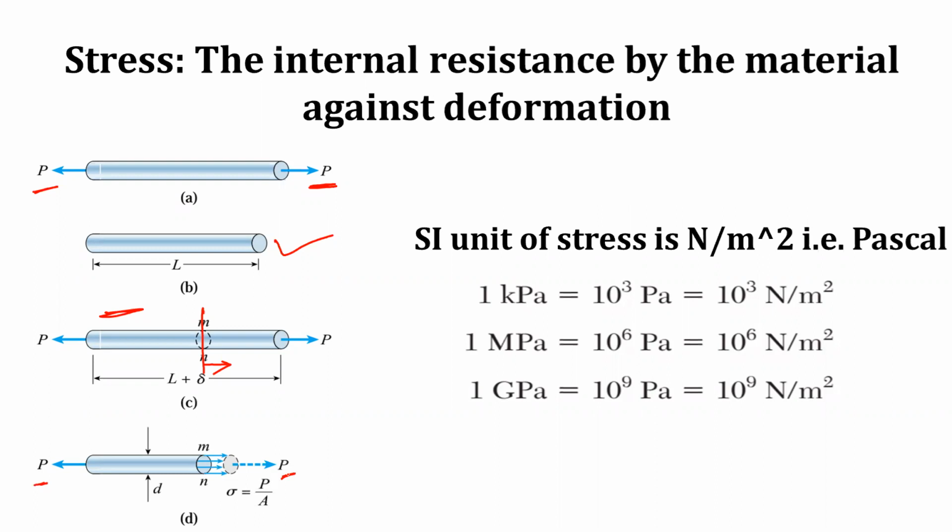And how is this reaction P? Suppose I show your half part at the cut section. On this side P was there, and this reaction, which I don't know, I mention as R. Now, applying summation of horizontal forces, sigma Fx equals 0, according to the equilibrium equation.